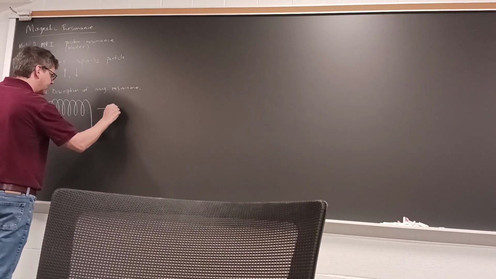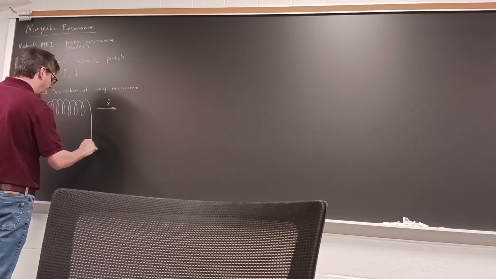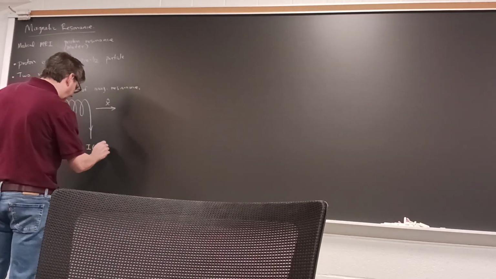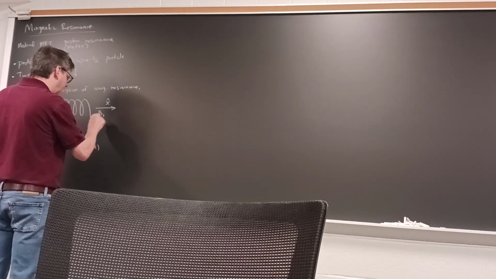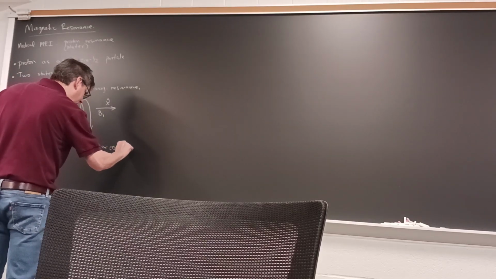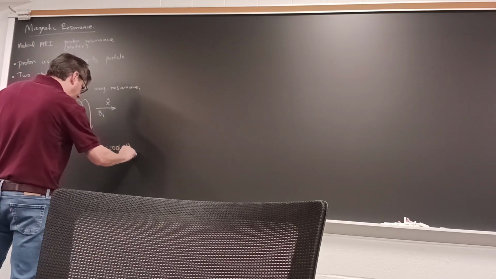And then you have a coil here that has its axis along the x direction. And in this coil, you'll run a current that is proportional to some cosine of omega t. Okay, so it's an oscillating current.